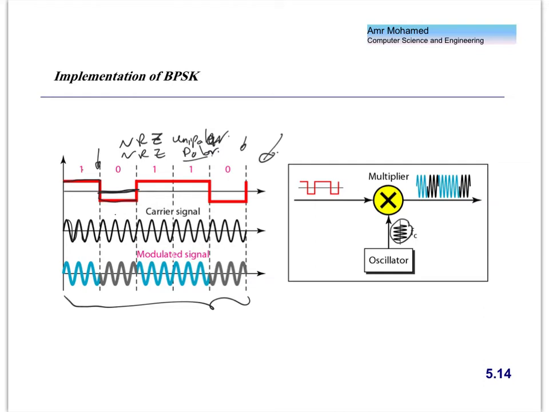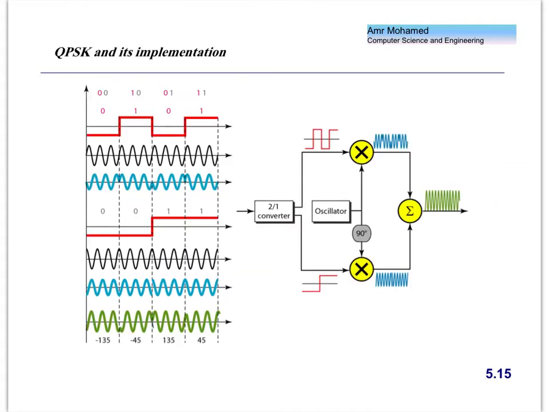So we need to have sine wave with 4 different phases. So this is the implementation for what we call quadrature phase shift keying. Quadrature here refers to 4, which means 4 levels. So quadrature phase shift keying represents each 2 bits as one symbol.